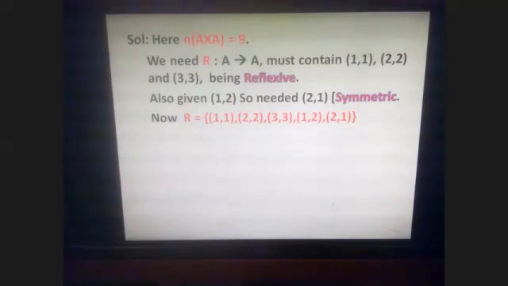Can anyone answer? Om, can you answer? Is it transitive?